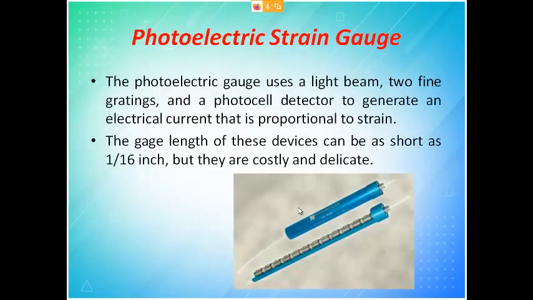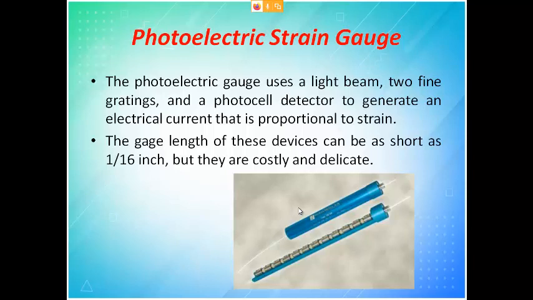Then you come to your photoelectric strain gauge. The word itself makes it very clear: light source. So a photoelectric gauge uses a light beam on a fine grating, and a photocell detects it and generates an electric current that is proportional to the strain. When you give a photon of light inside, due to this light we are able to generate a signal of electric current, and the intensity of light will tell about the value.